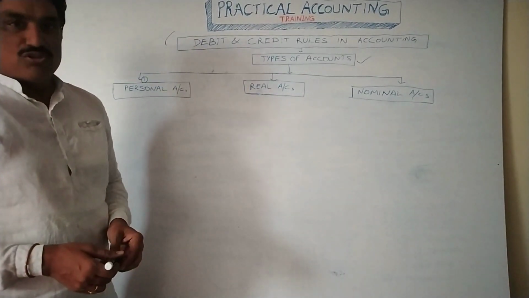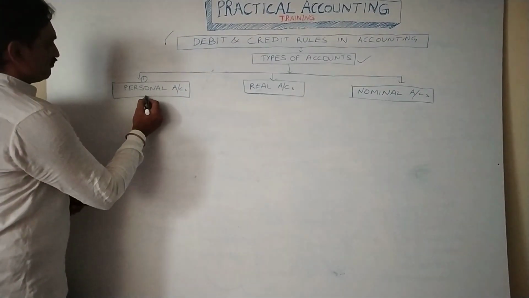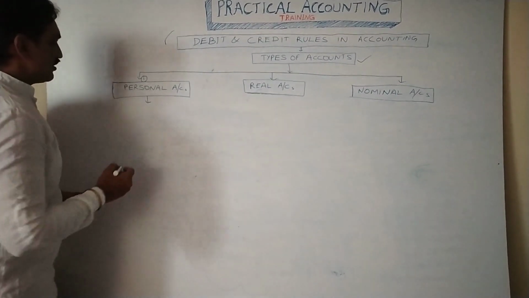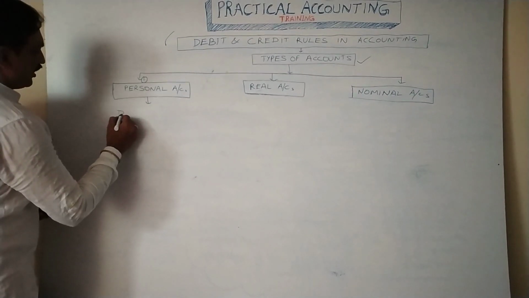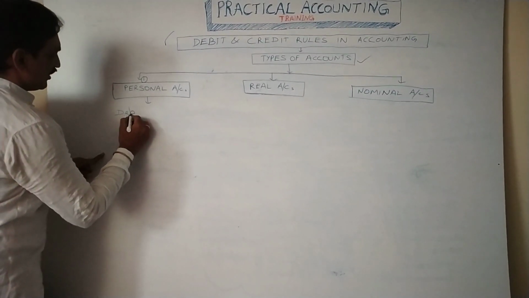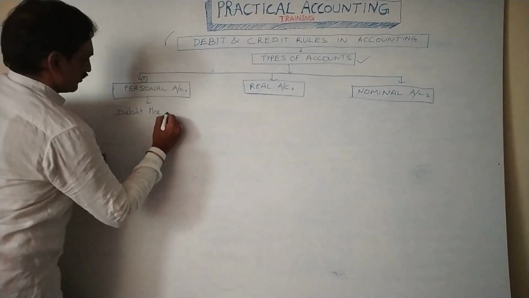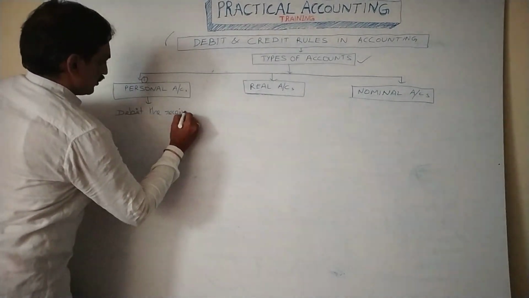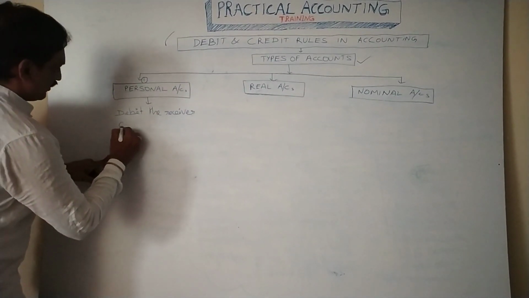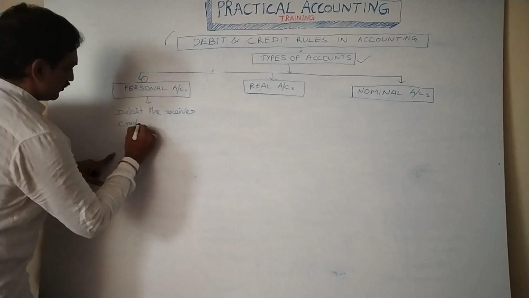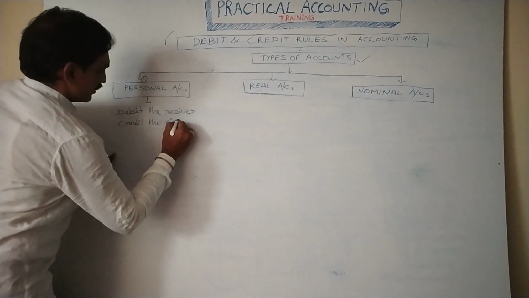See, what are those rules? If it is a personal account, the debit credit rule is: debit the receiver and credit the giver.